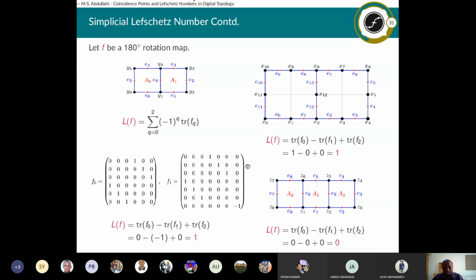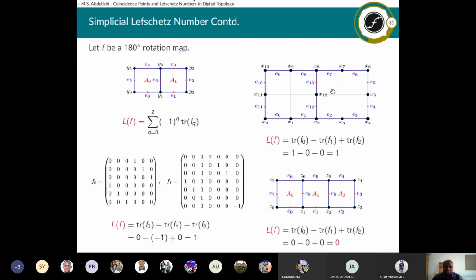The simplest idea is that when we do this mapping, we can observe that this trace is counting the number of those zero-dimensional simplices that are fixed, but in this case none of them is fixed, which means that this is 0. But in this case, one of them is fixed but in the opposite direction, which gives us -1. So here we are going to apply the same reasoning to these two examples.